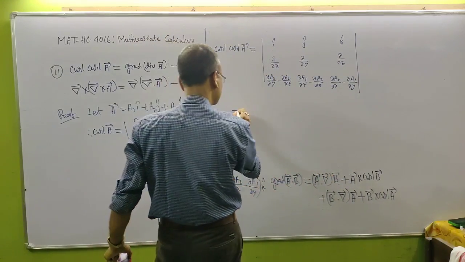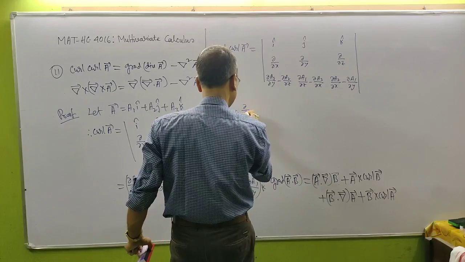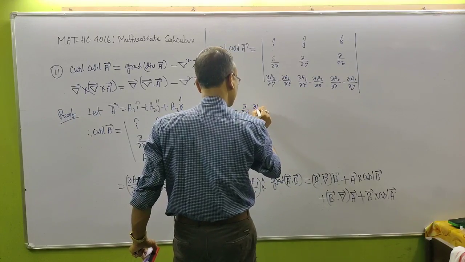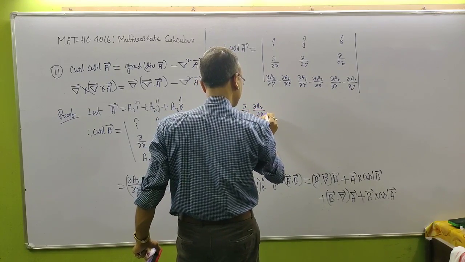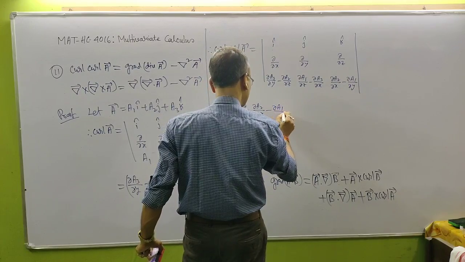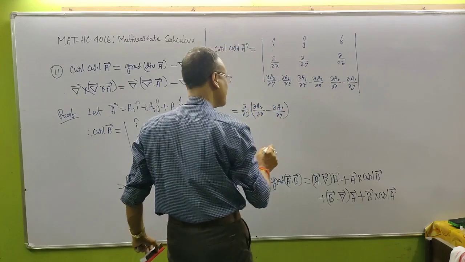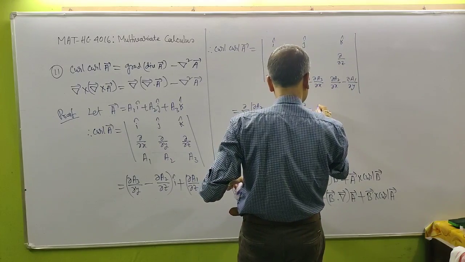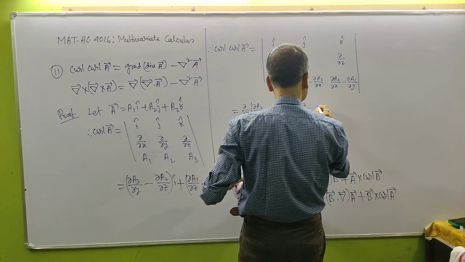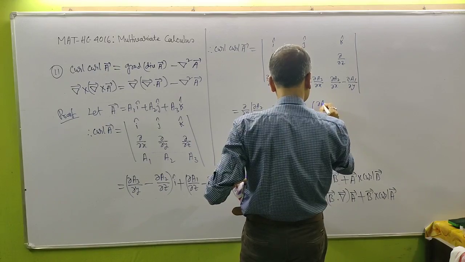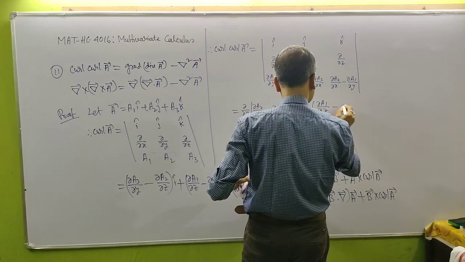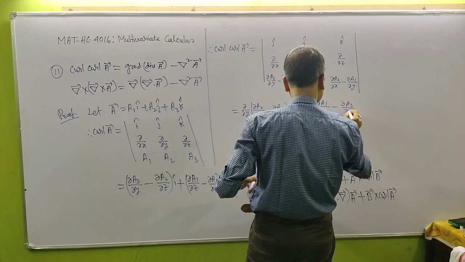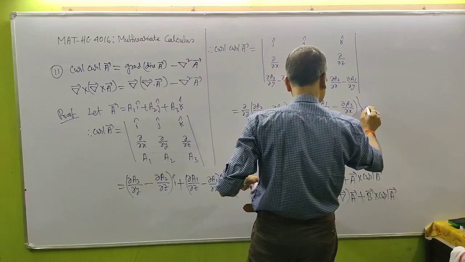This is equal to del y of del A2 by del x minus del A1 by del y, minus del z of del A1 by del z minus del A3 by del x, i cap.